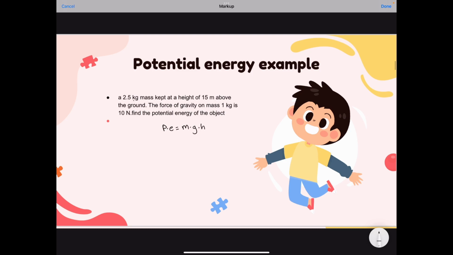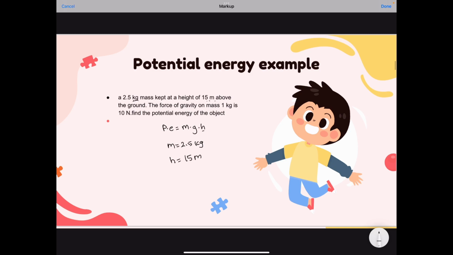The mass is 2.5 kg, and the height is 15 meters above the ground, and g is 10.